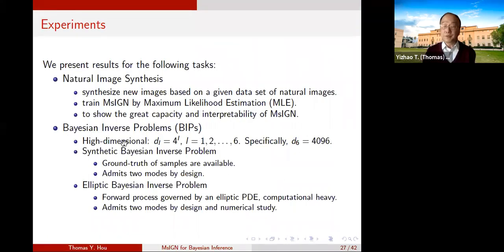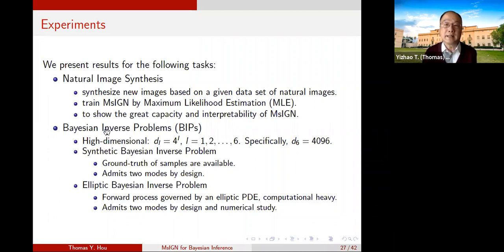All right, we want to show you some examples. We use 3 examples to illustrate the capacity and the robustness of this approach. The first one is natural image synthesis. We have a lot of databases for natural images, human faces basically. In that case, we train the multi-scale invertible generative network by maximum likelihood estimation, MLE.